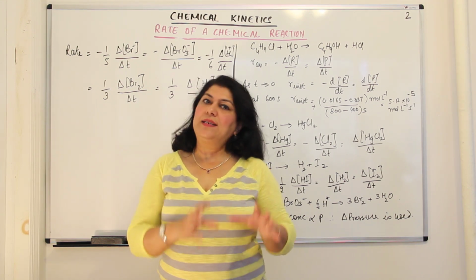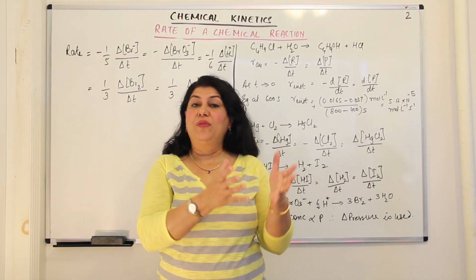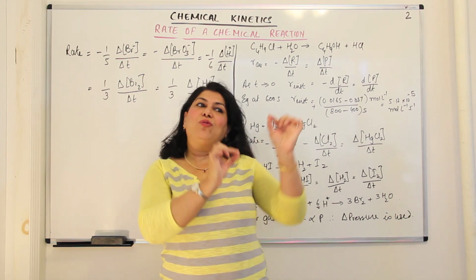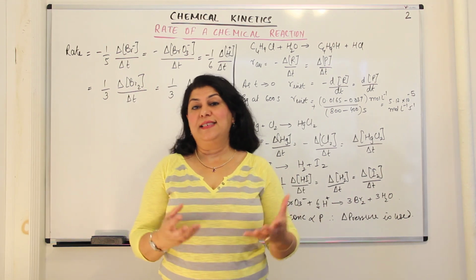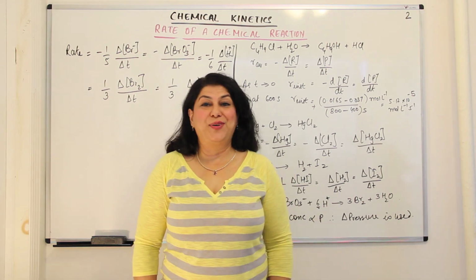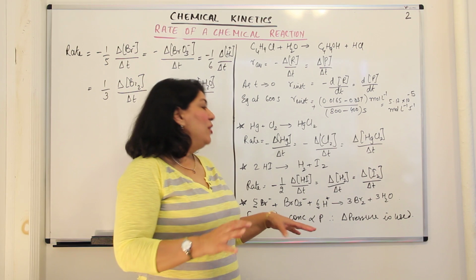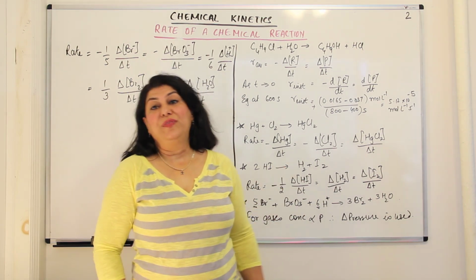So you can calculate the value of the rate of the reaction even if you calculate the change in the partial pressure of each component, if it is a gaseous reactant or a gaseous product. So this was how we calculate the rate of a reaction.